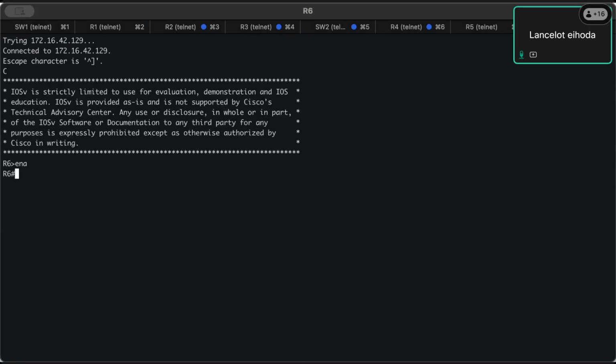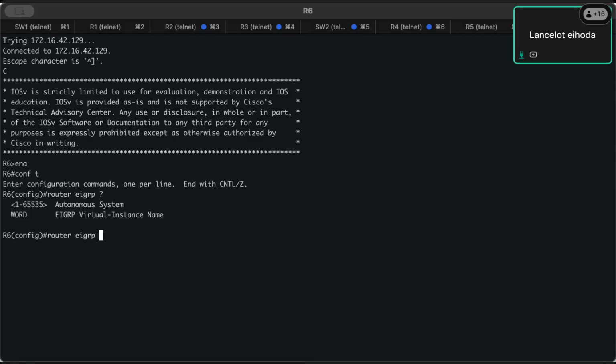This is router 6, configure terminal, router EIGRP. What are we naming this one after? Well, after Mubarak, you came in late to my class. Okay, let's name this after Mubarak, in AS 200. Address family as usual is IPv4, autonomous system 200.